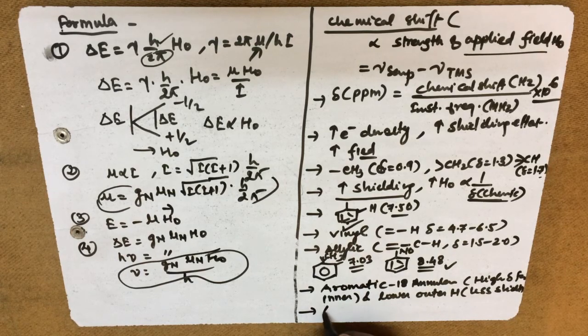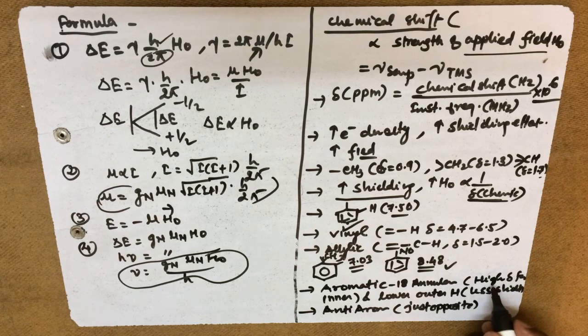For anti-aromatic it becomes just the opposite. The delta value is high for inner hydrogen and lower for outer hydrogen in aromatic, but in anti-aromatic it becomes lower for inner hydrogen and high for outer hydrogen.